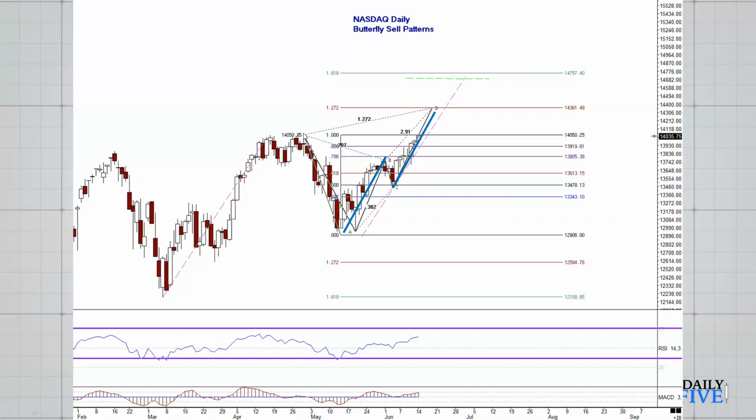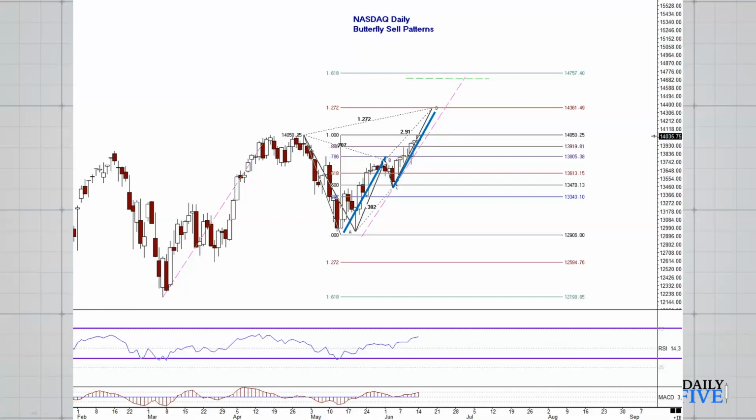That's taking the length of this X to A, multiplying it by 1.27 and adding it to the low and extending it up. Whether the price gets all the way up here or not remains to be seen. But just knowing that there are these patterns forming, we want to be aware of that and monitor. Again, using those intraday ranges is a good tool to see where the support or the resistance areas, the weakness comes in, etc.